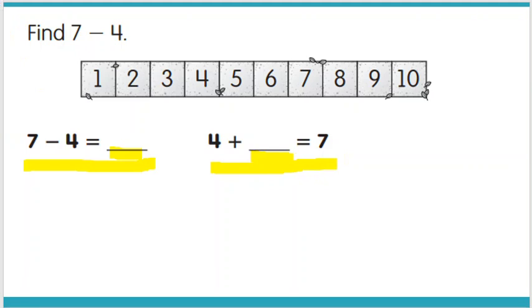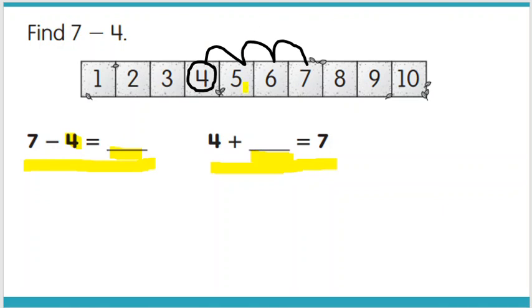So let's go ahead and solve this by counting on for subtraction. As we said before, we find that smaller number, which is 4. So we're going to start at our 4 here, and I'm just going to draw a circle there on that 4 for you. We're going to count on up to that 7 here. So we're going to go 4, 5, 6, 7.